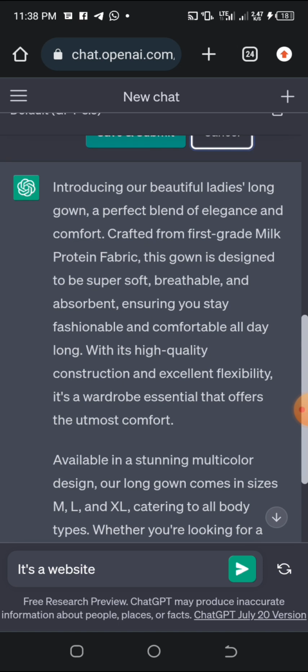So for now, I'm going to be saying "beautiful ladies long gown." I'm going to remove the word "introducing our." So I'm going to say "beautiful ladies long gown." I'm going to remove that word "a" because it's not going to make good English. So it's going to be "beautiful ladies long gown, perfect blend of elegance and comfort, crafted from first grade milk protein.